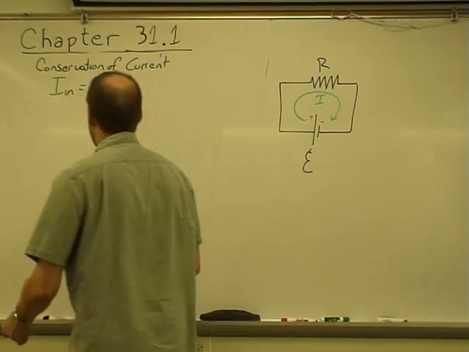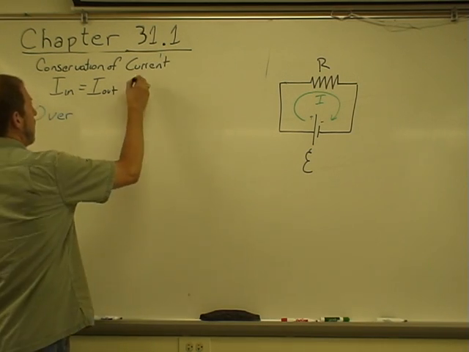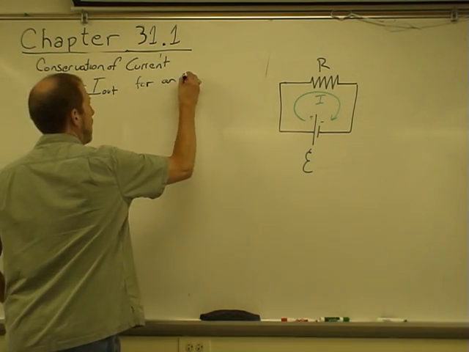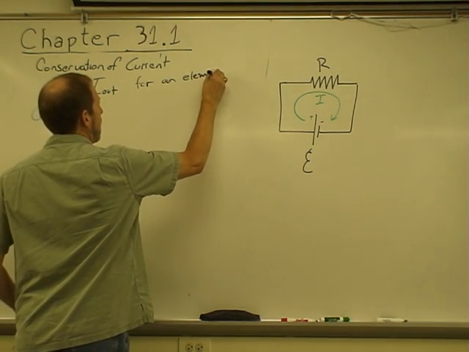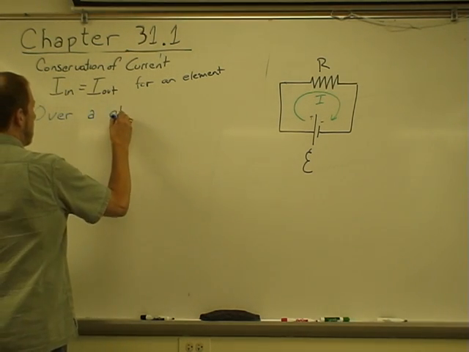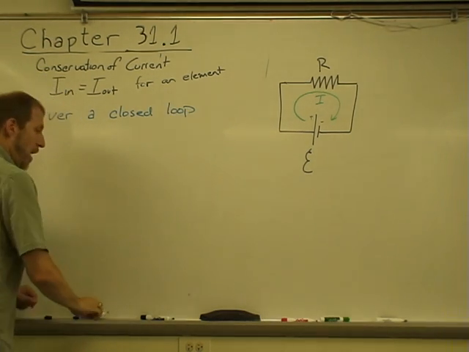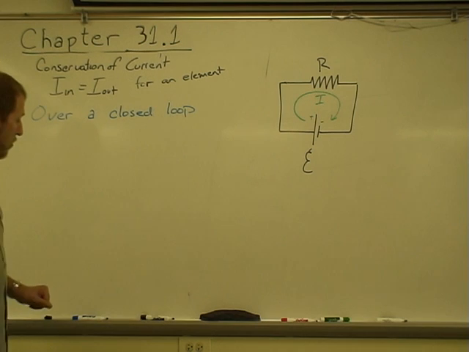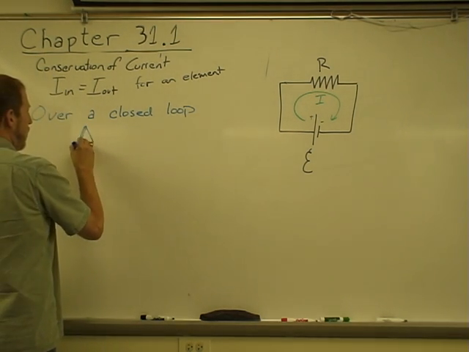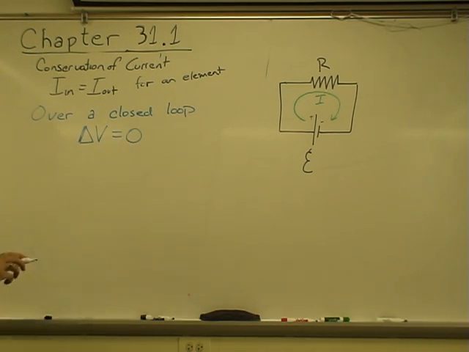So this is for an element, and then over a closed loop, everything starts where it started from, over a closed loop, the change in the potential has to be 0.